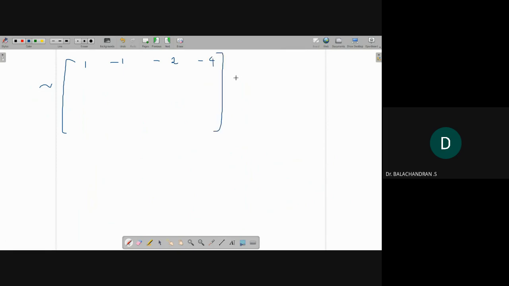First you should tell in place of R2 double dash: R2 dash is equal to 1 by 5 of R2 dash. And R3 double dash is the same as R3 dash, there is no change. Similarly, R4 double dash is the same as R4 dash, there is no change.